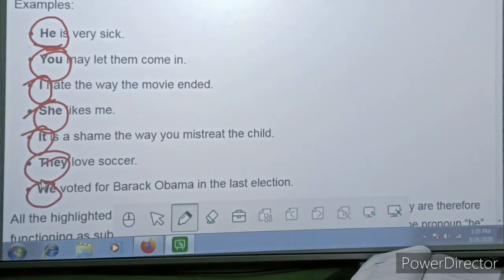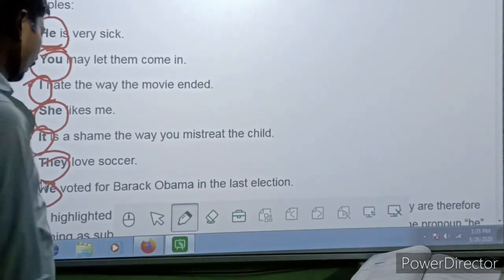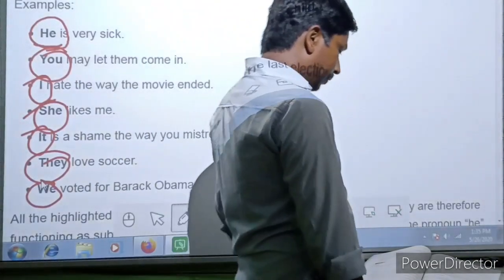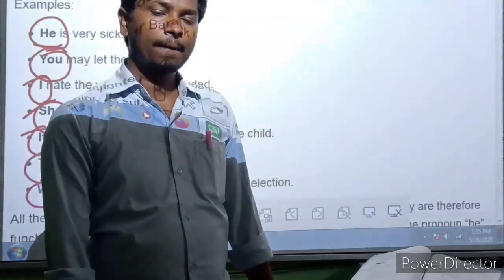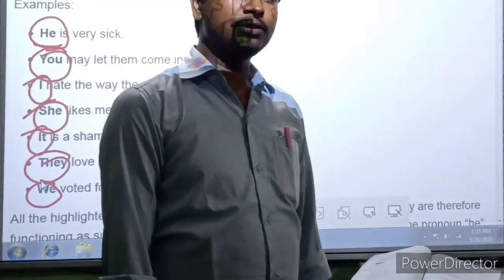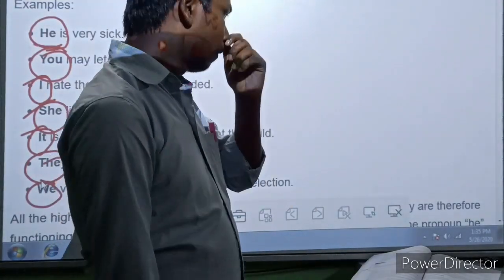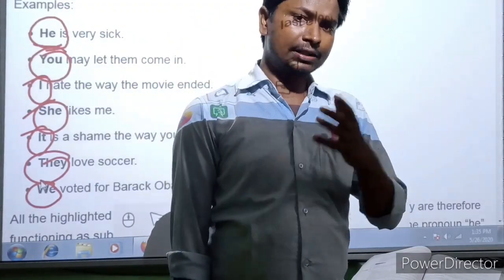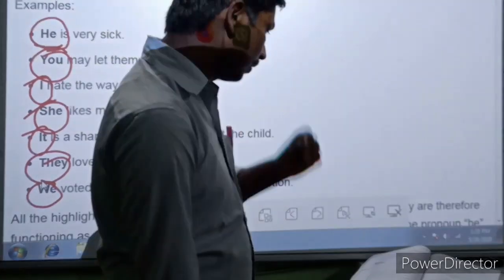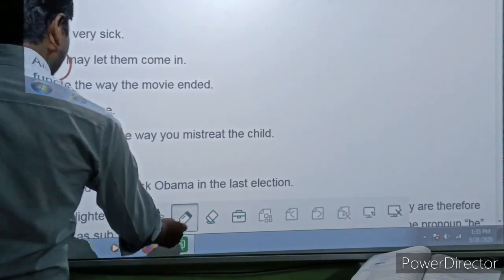These are all pronouns used as the subject of the sentence. After that, I am going to explain the pronoun it, and how we can use it as a subject in different types of sentences. Focus here.